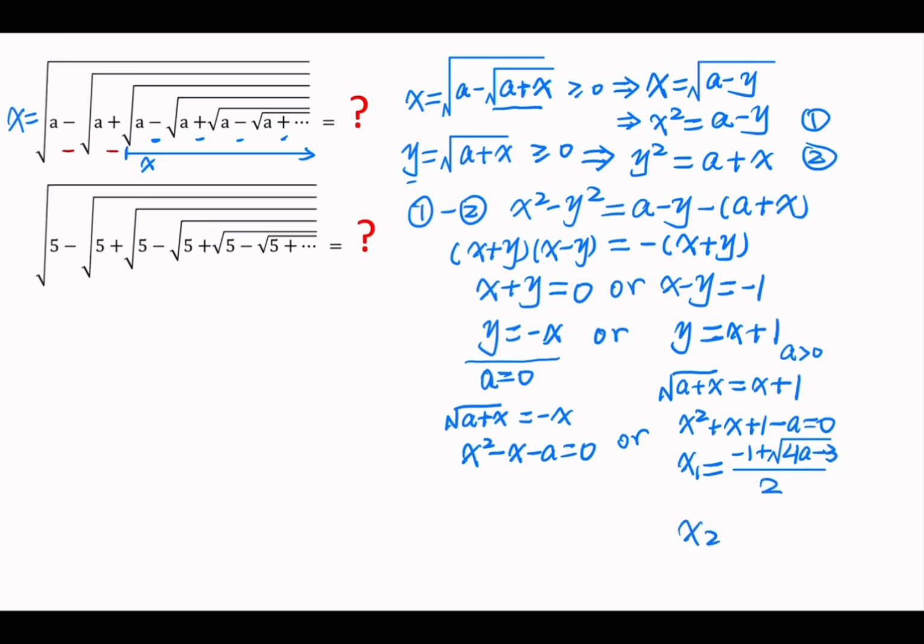And x2 equals negative 1 minus square root of 4a minus 3, over 2. Then we need to reject x2 because it is less than 0, obviously. So reject this one. And then if we check that x1 is greater than 0, actually we get that a needs to be greater than 1.